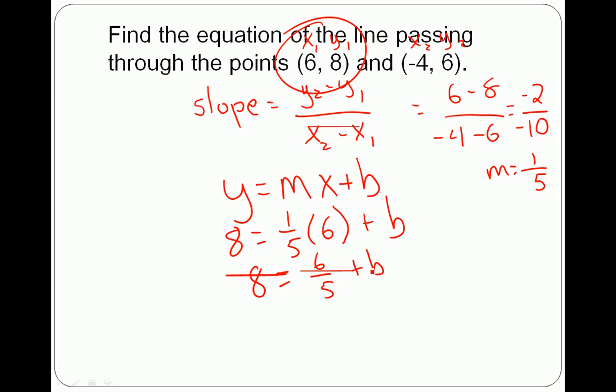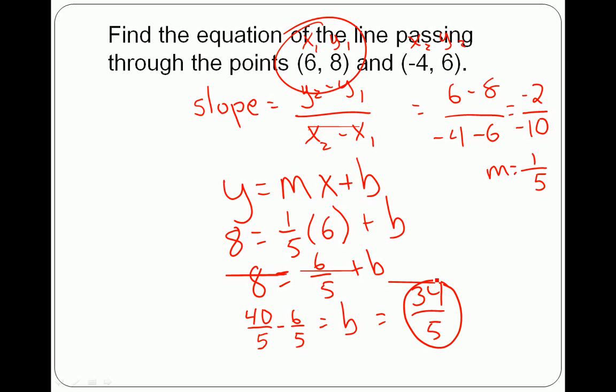Now at this point, you may like to convert to a decimal if you really want to. Please know that you don't need to. We can just turn 8 into something divided by 5 and subtract 6/5. So we're going to get that b is 34/5.